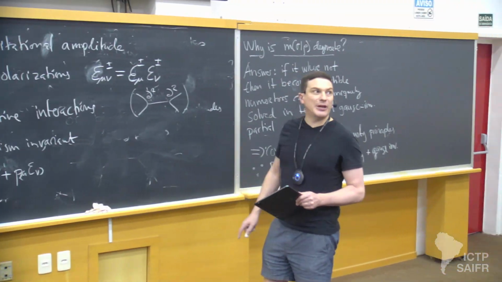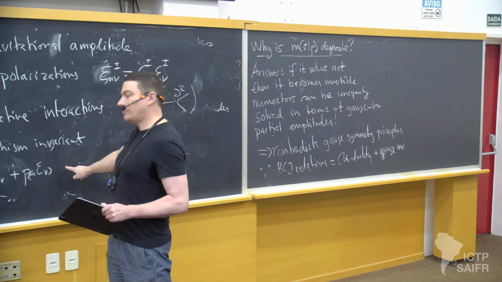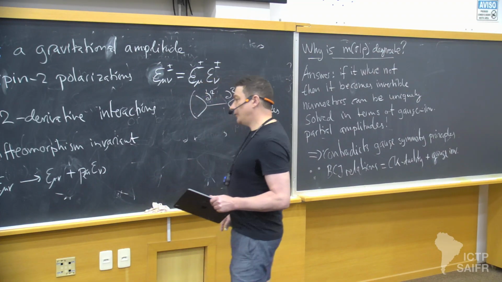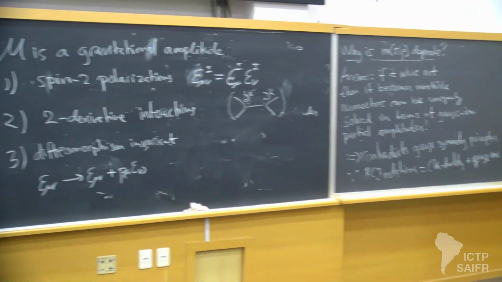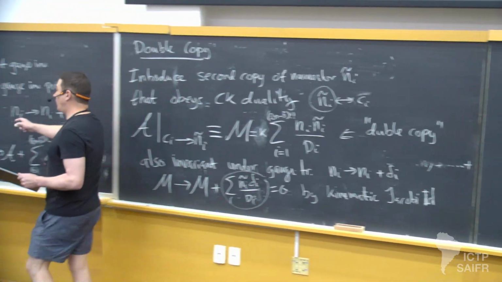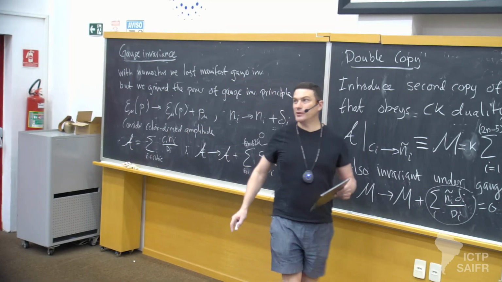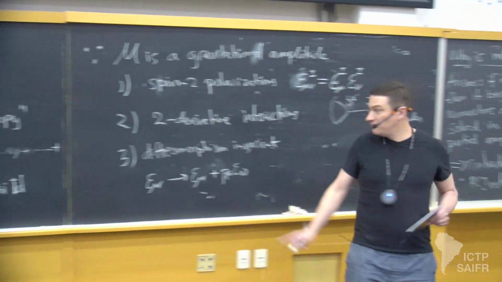You might be worried, but what if you shift both polarizations? Shouldn't we have something like two momenta here, like two p's? And the answer is no, because we have to remember that this shift is supposed to be a small shift, like an infinitesimal shift. So having two p's would actually be even smaller than infinitesimal. So we don't have that term there.